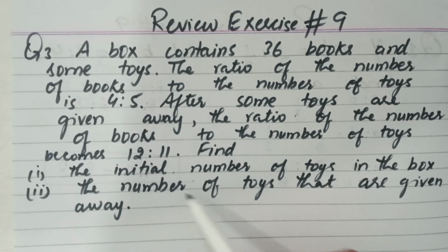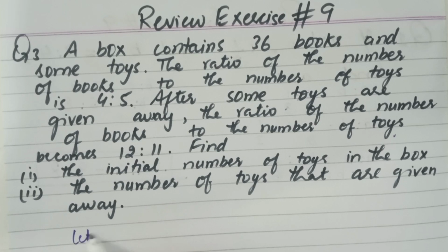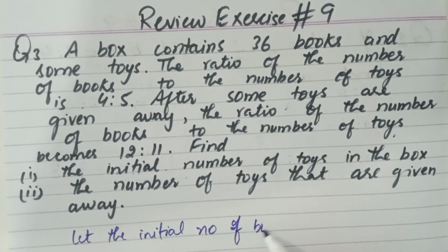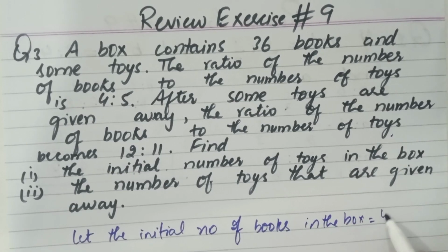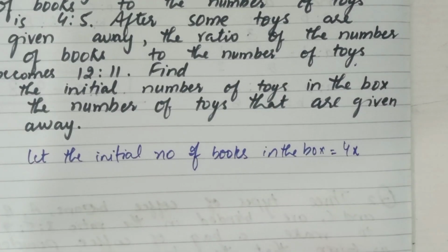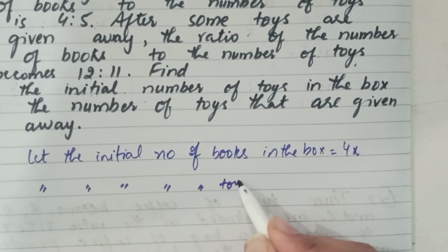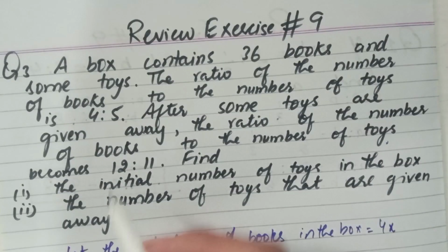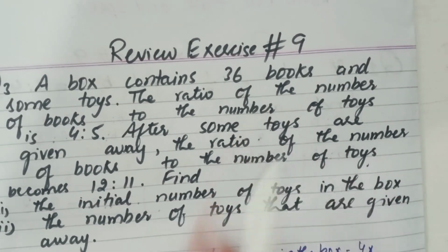Now we have to first find the initial number of toys in the box. Let the initial number of books in the box be 4x, and let the initial number of toys in the box be 5x. Now we know that 4x is equal to 36.